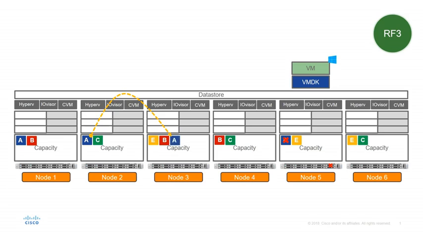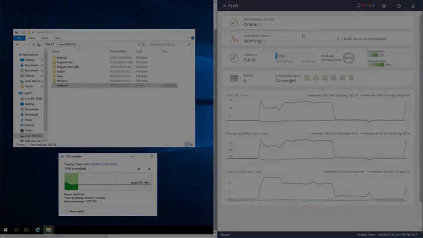The self-healing process creates additional copies of the missing blocks from the copies that exist on the data store. Self-healing will recreate copies of the data that were lost on disk failure, and the replication policy of the cluster would be satisfied, returning the cluster to healthy state.